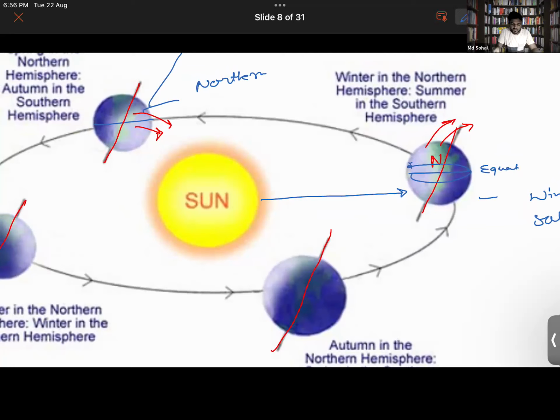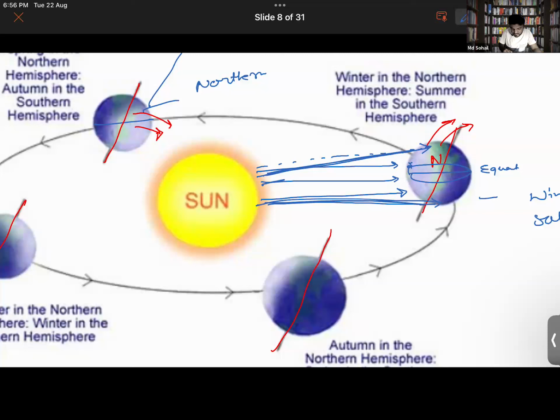So you will see that these places will be receiving direct sunlight right now, while the other places will be receiving slant sunlight, slant. See over here like this. While the places close to the equator are receiving direct sunlight.